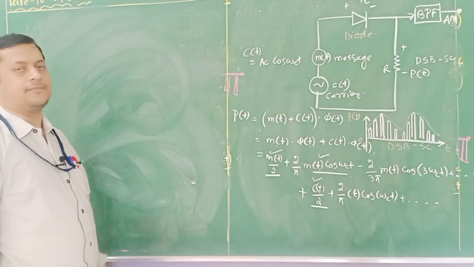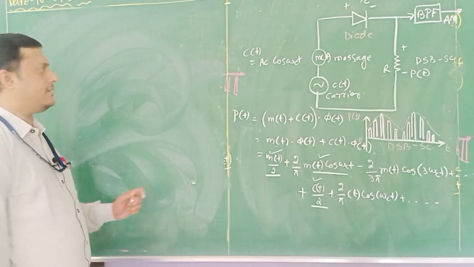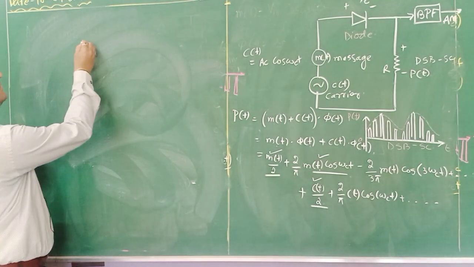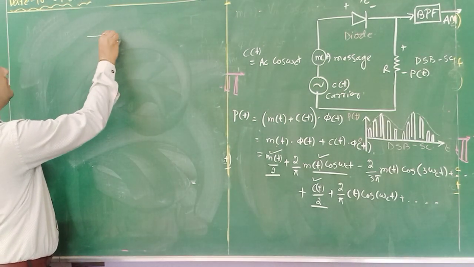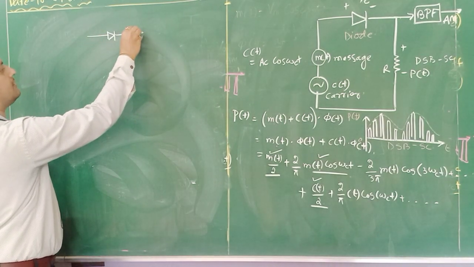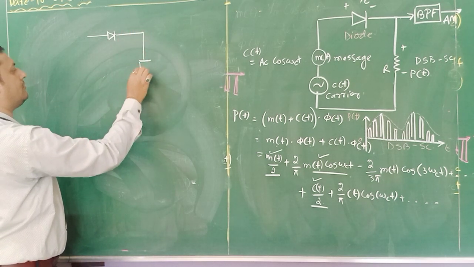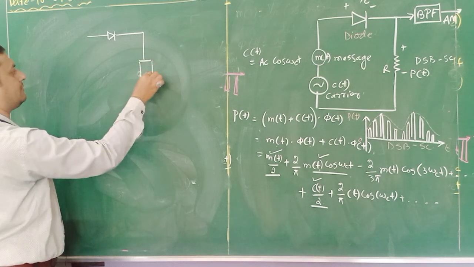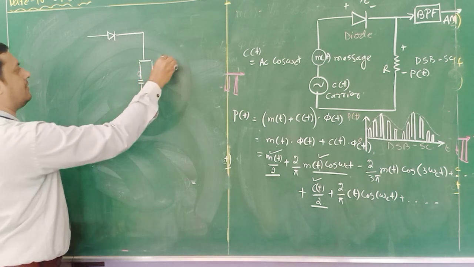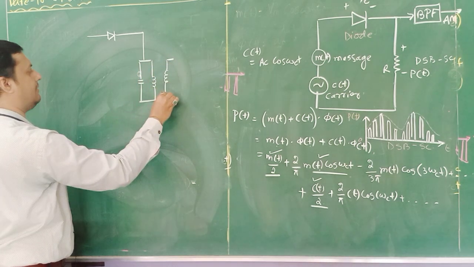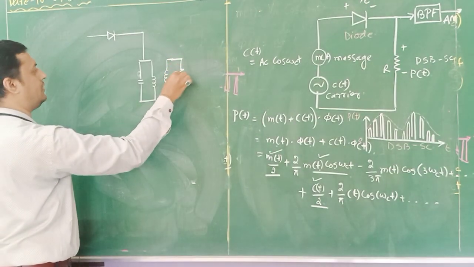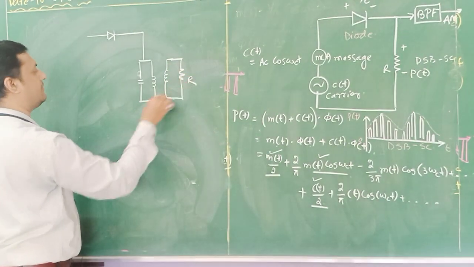Now this band pass filter is nothing but a combination of an LC tuned circuit. So here I will use an LC tuned circuit. This is L, here also it is an L, and here the output is available at R.